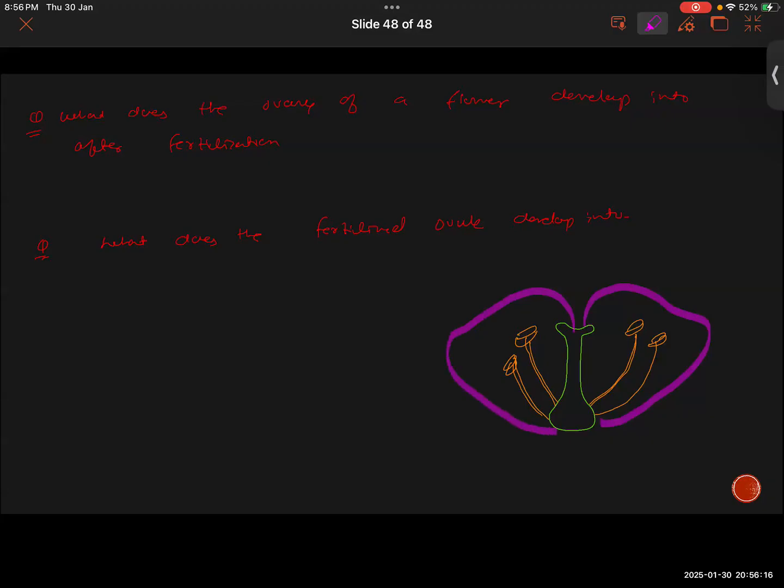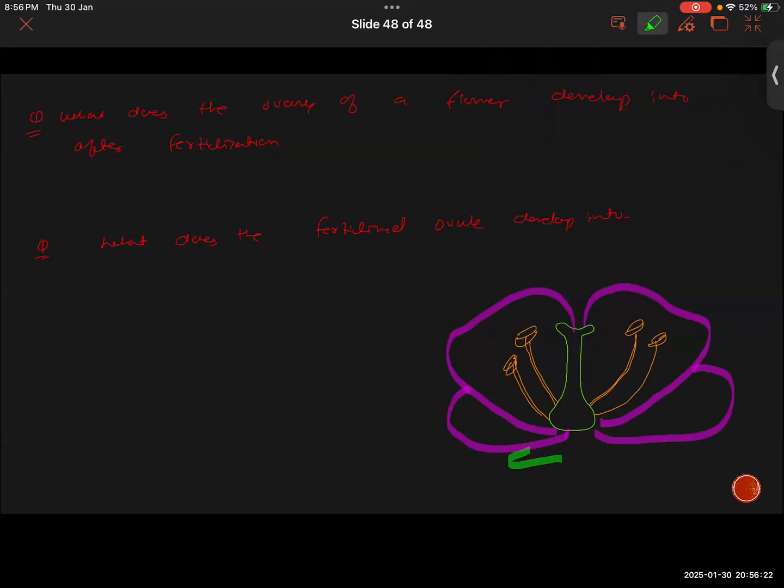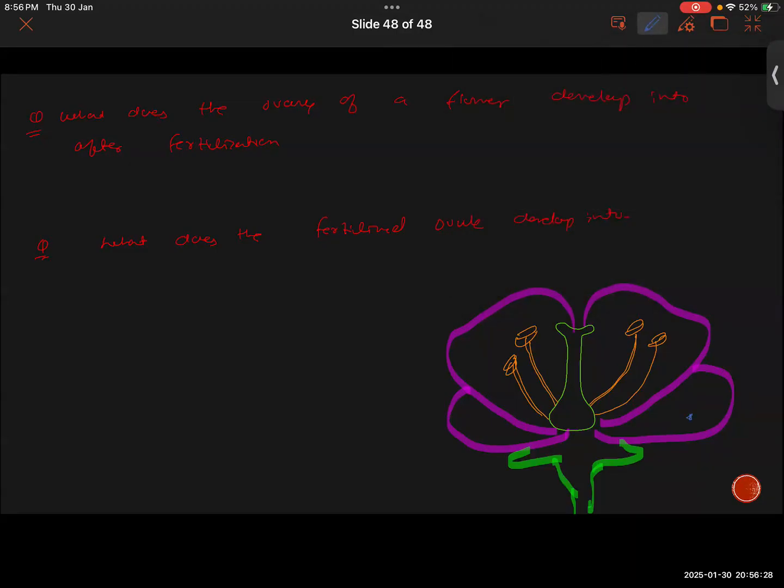Let us revise it once again. I suppose you guys are not getting it completely. Say that this is a flower. What do we call this structure of the flower? Petal. Okay.